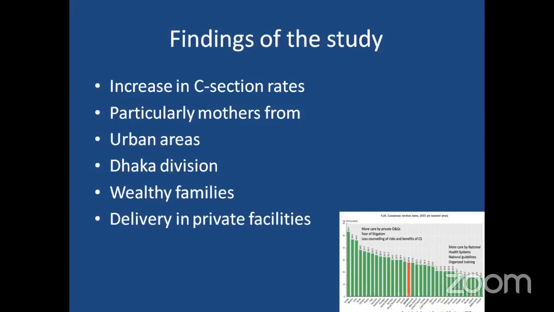But the interesting thing it says is about who is more liable to get a C-section: the mothers coming from urban areas, the mothers coming from Dhaka division, the mothers coming from wealthy families, and the mothers who approach the private facilities for their antenatal care and of course their labor care.